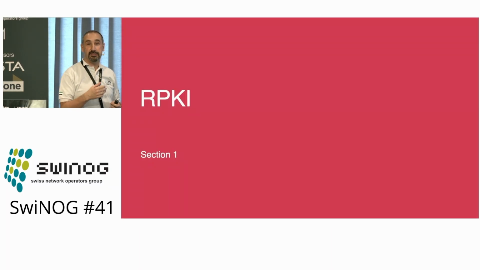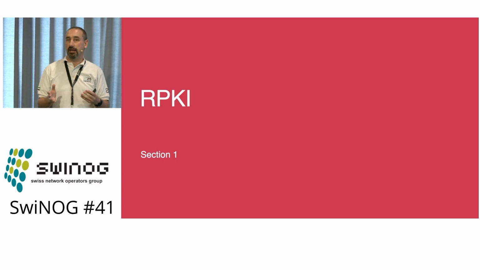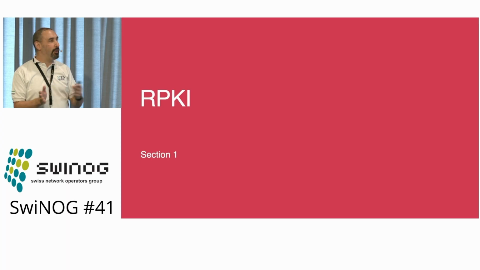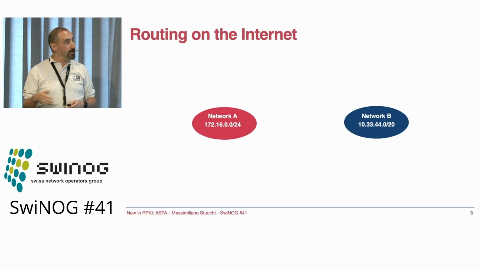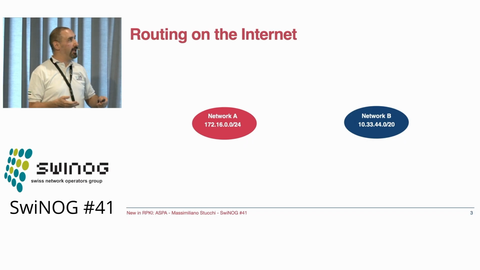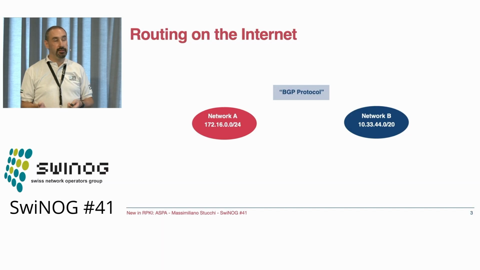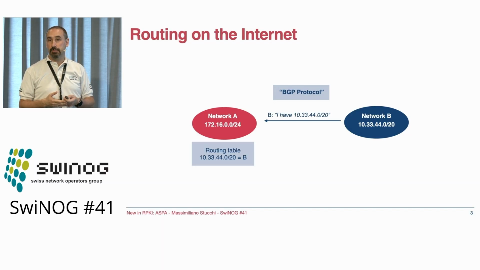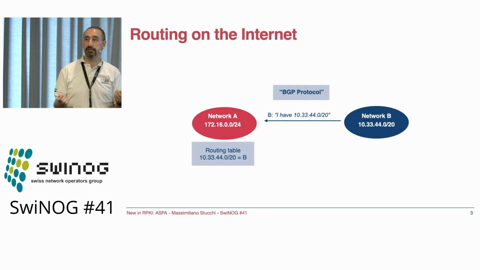So before we can start talking about ASPA in detail, it's better to start with a quick introduction about RPKI and what it means. So in BGP, we have networks that try to talk to each other, and they exchange information using BGP. They send BGP updates, which contain information about networks they are originating.